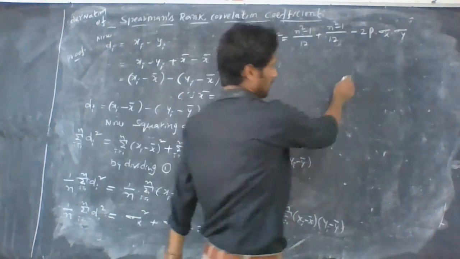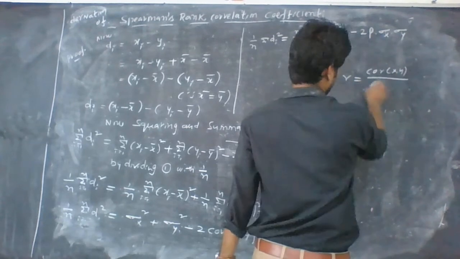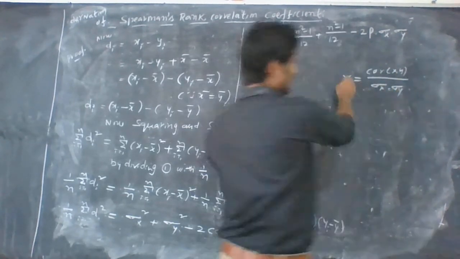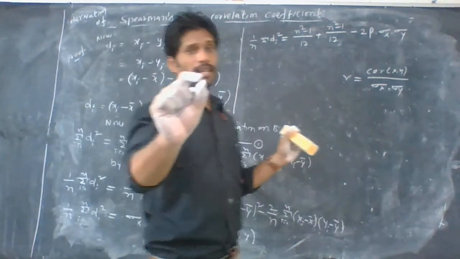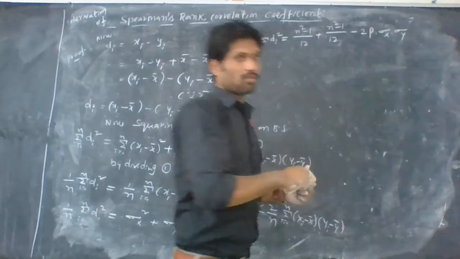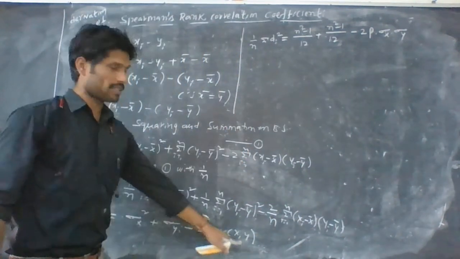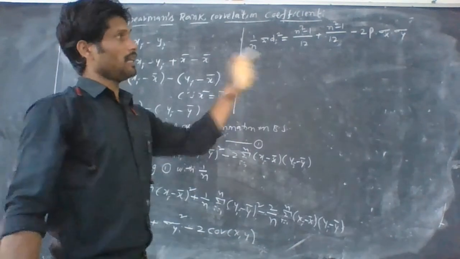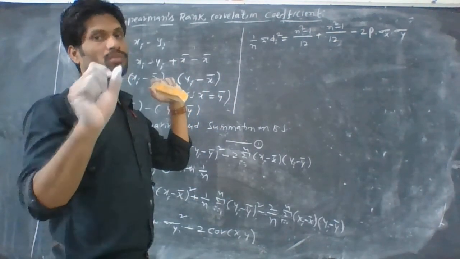Since r is the correlation of x comma y divided by sigma x into sigma y, r is Karl Pearson's correlation coefficient, and rho is Spearman's rank correlation coefficient. So using Karl Pearson's correlation coefficient on the data, the correlation of x comma y is exactly equal to rho, the rank correlation coefficient.